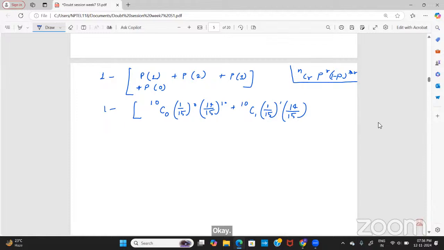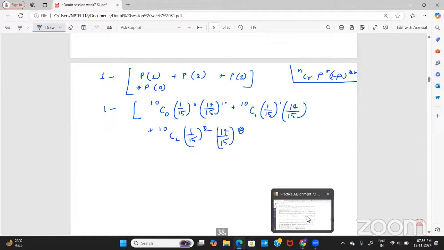Similarly, you have to write for other cases also. 10C2, 8. And for 3 also.